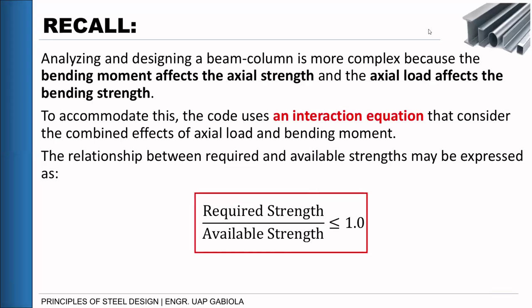The required strength pertains to the applied loadings that our members need to withstand, and the available strength is the capacity of our members depending on whatever section it is assigned with. Again, the ratio should be less than or equal to unity.